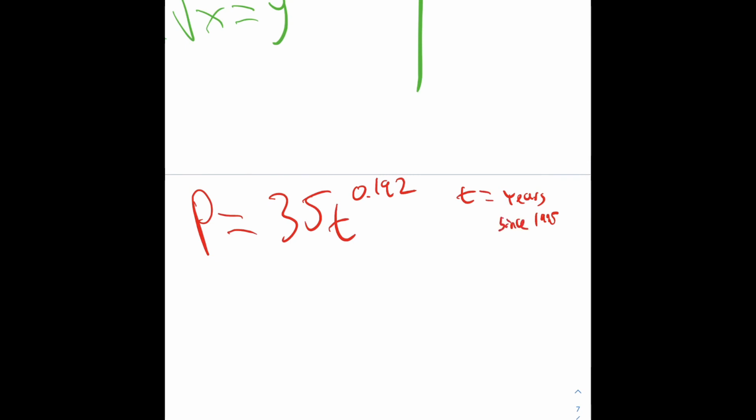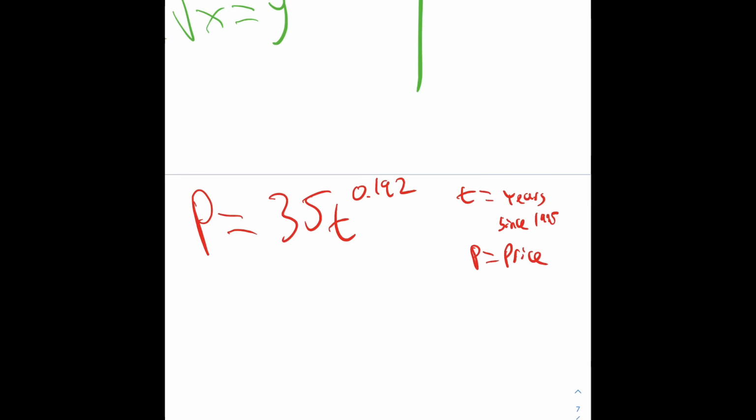Can't even read that. And P is the ticket price. So my original function is right here.